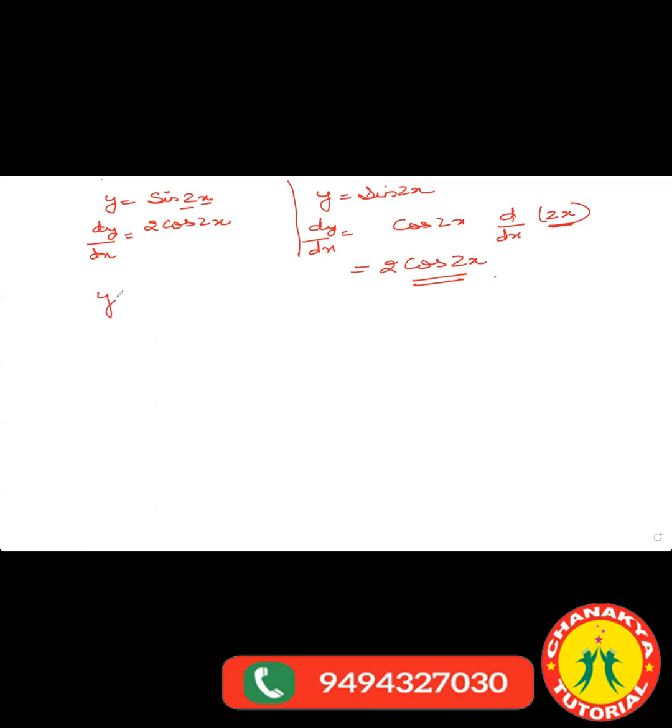Okay, Dhananjay. Tell me the differentiation of cos 5x. You can see the formula better.